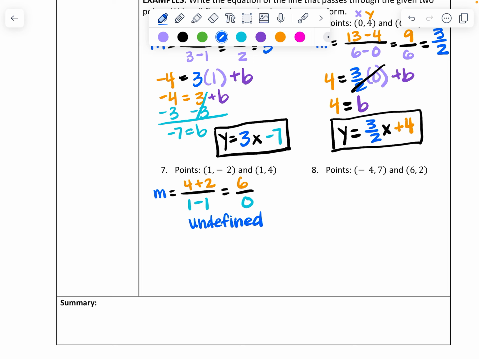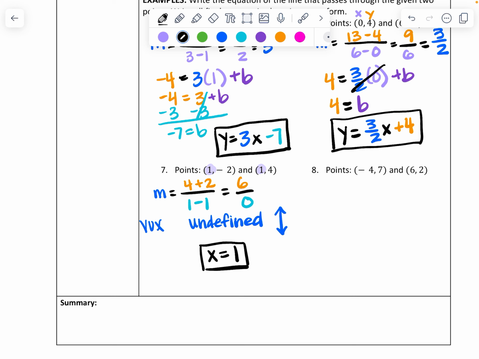Which means, remember VUX, this is a vertical line. So the only value we need is the x value, which you'll notice is 1 in both of those points and would be 1 in every equation. So the equation for this line would be x equals 1, a vertical line.